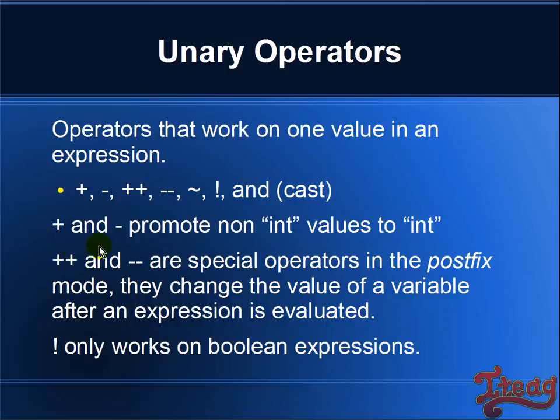So, plus and minus as unary operators, because plus and minus are also additive operators, promote non-integer values to type int. Promotion is something that happens in the background all the time in Java. I say type int because int is the native integral data type for Java.